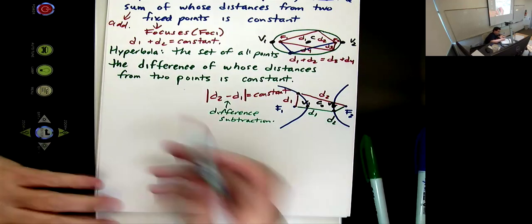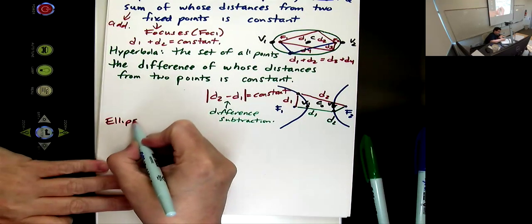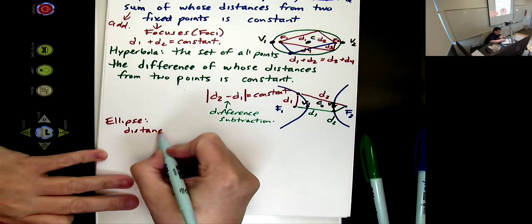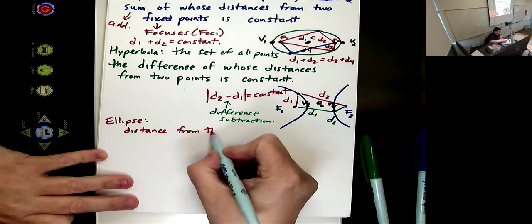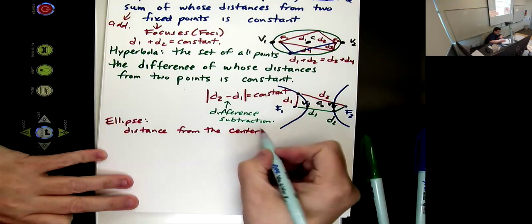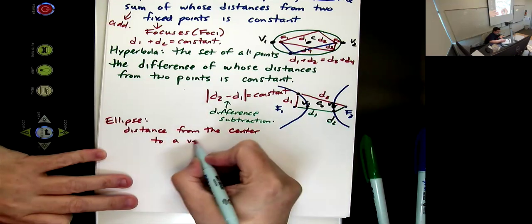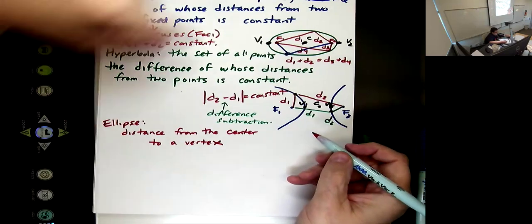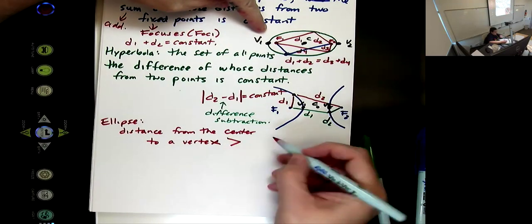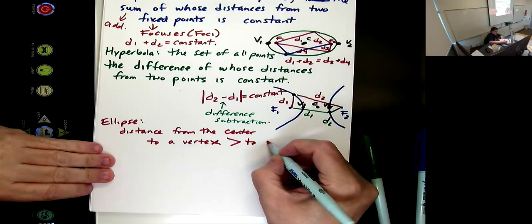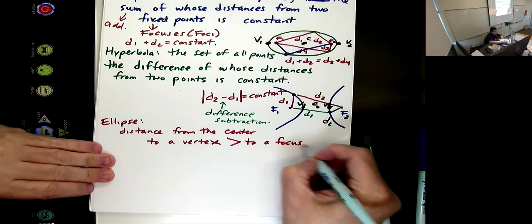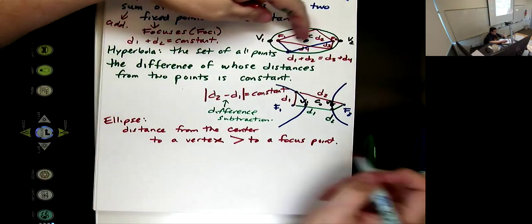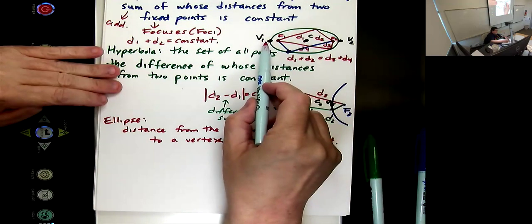So for the ellipse, the distance from the center to a vertex is greater than to a focus point. If I'm going from the center out to the vertex, it's further away.